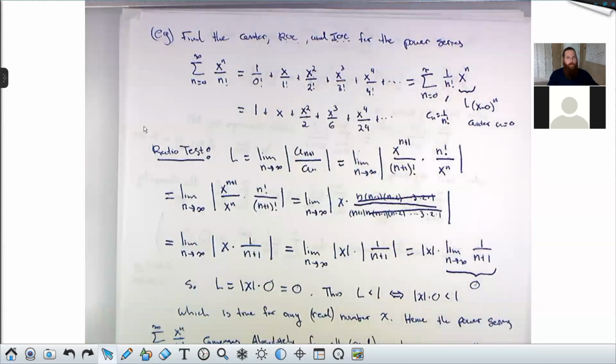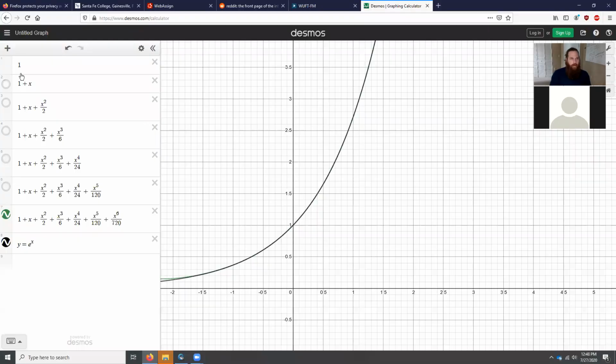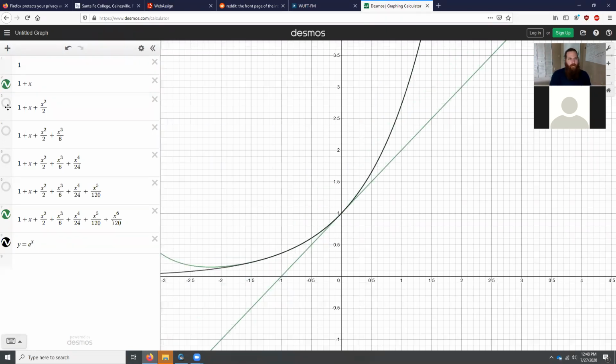So the center is always kind of where you pin your function down, right? Even this guy is correct at 0, at the center. And then the convergence kind of happens around that. So in order to get a good approximation using your partial sums, you still have to stay close to the center, right?